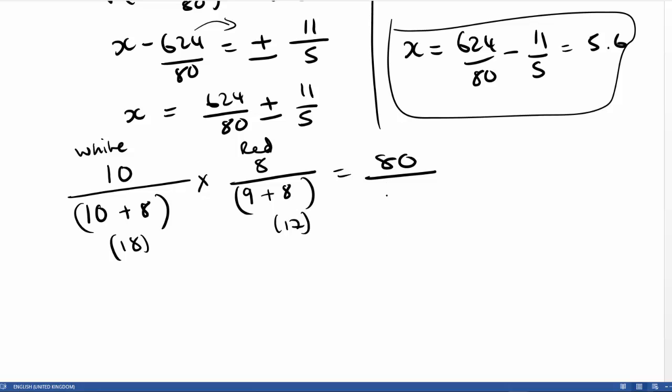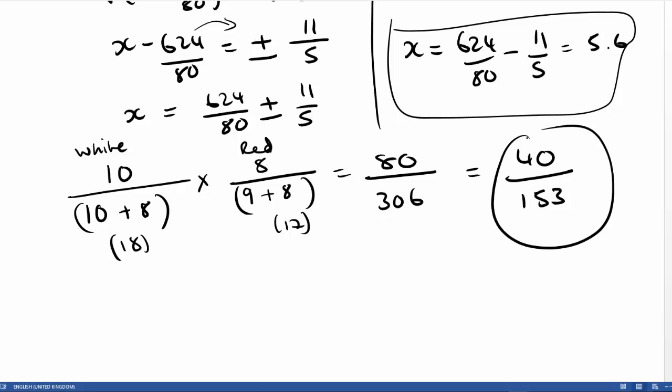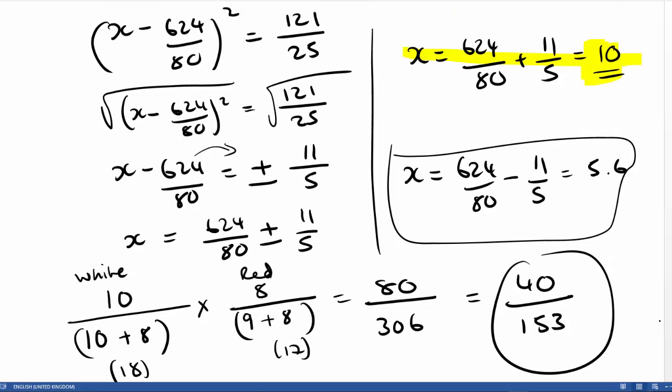Okay, that gives me 306. Okay, if I do 80 divided by 306, hey, it works. I get 40 over 153. So I can be certain that there were 10 balls, 10 white balls in the bag.